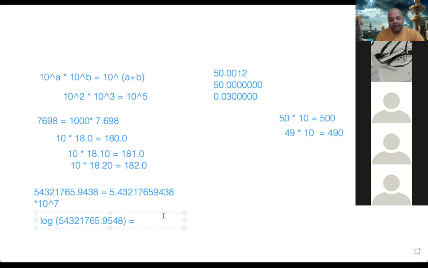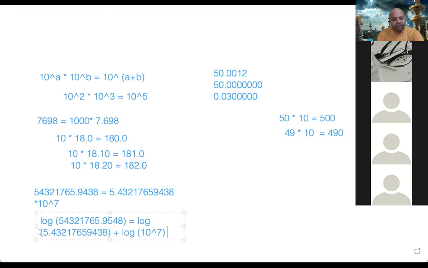So you find out the log of 5.43217659438, for which we need the table, plus the log of 10 raised to 7. That is very simple. Log of 10 raised to 7 is equal to 7.0.